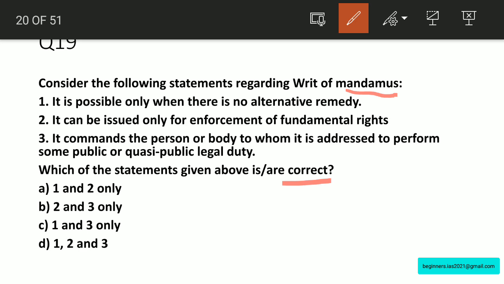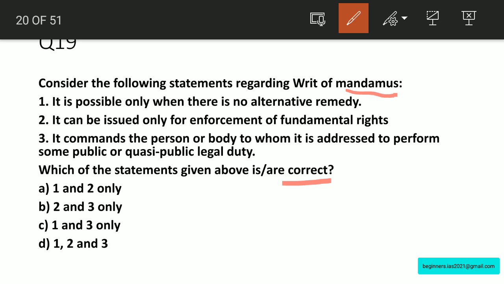This writ of mandamus cannot be issued against private individuals or bodies, and also to enforce departmental instructions that do not possess statutory force. It cannot be issued when the duty is discretionary and not mandatory, and also it cannot be issued against the President of India or state governors.